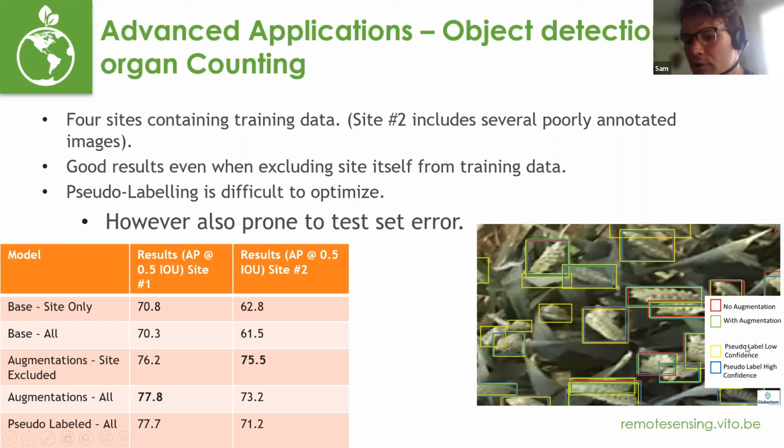And as you do include pseudo labeling, you include more objects. However, if you use a low confidence interval, so where you accept more pseudo labeled objects, you will end up with false objects such as leaves being detected. So this is something that there is some work to optimize, but as you do include more data, you are able to better optimize this.